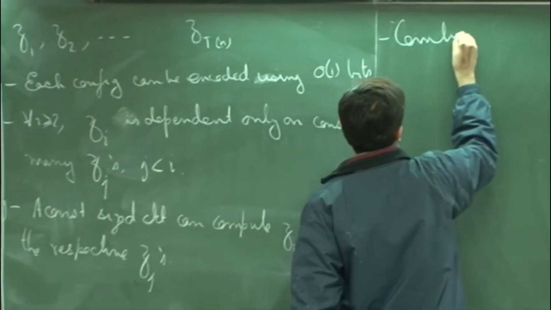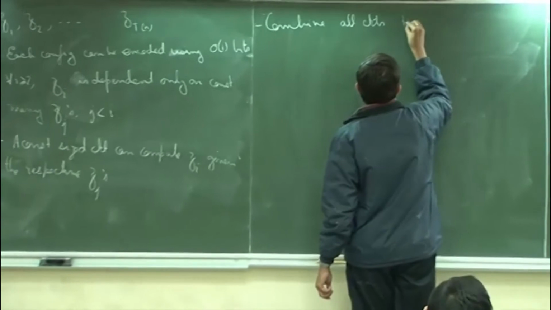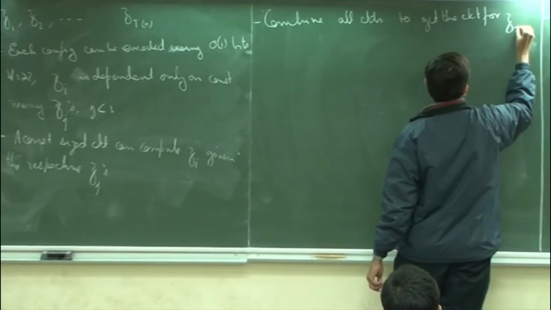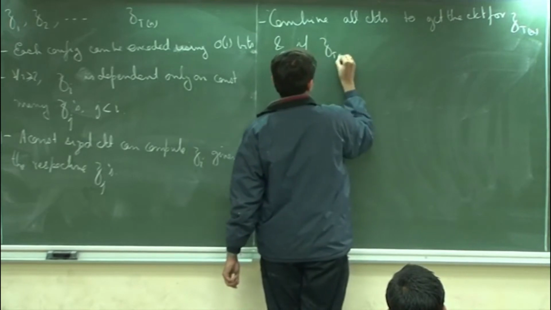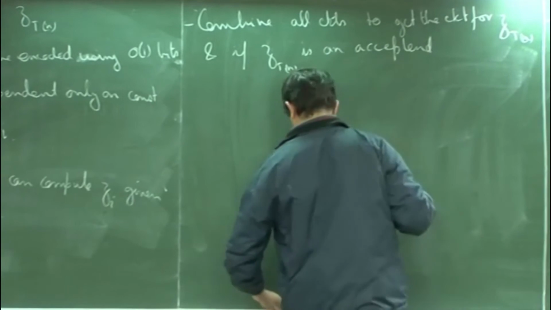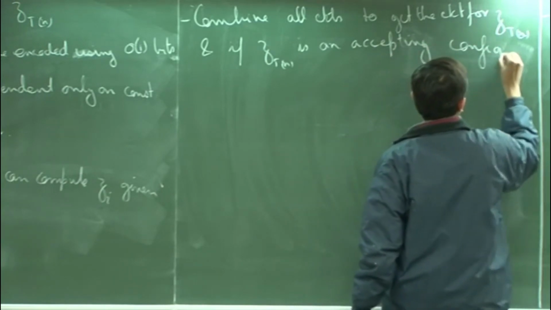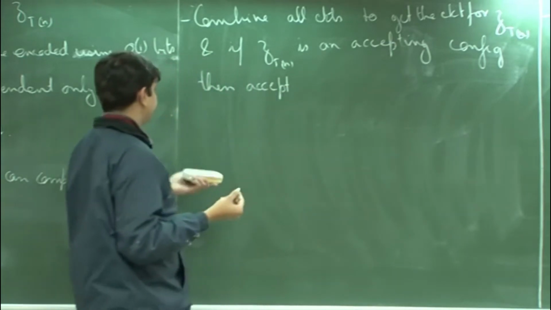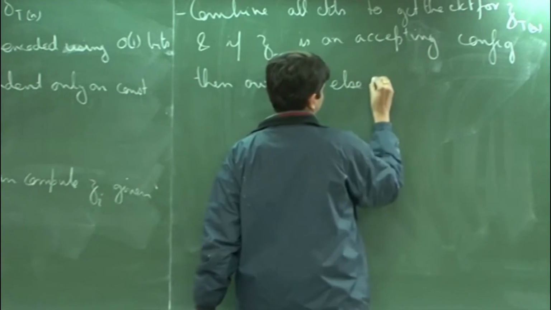Now it is basically just combining all these circuits in the proper manner. Combine all circuits to get the circuit for Z t of n, and if Z t of n is an accepting configuration, then output 1, else 0.